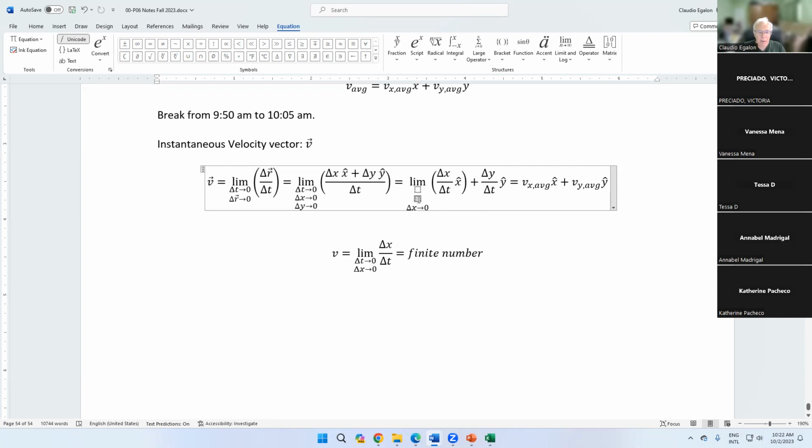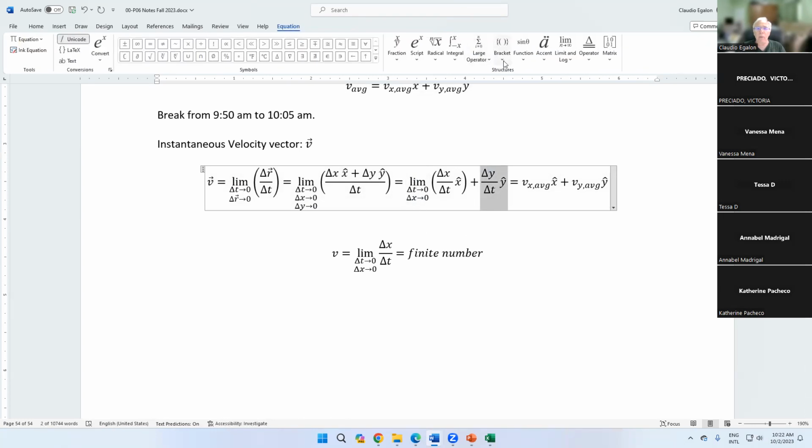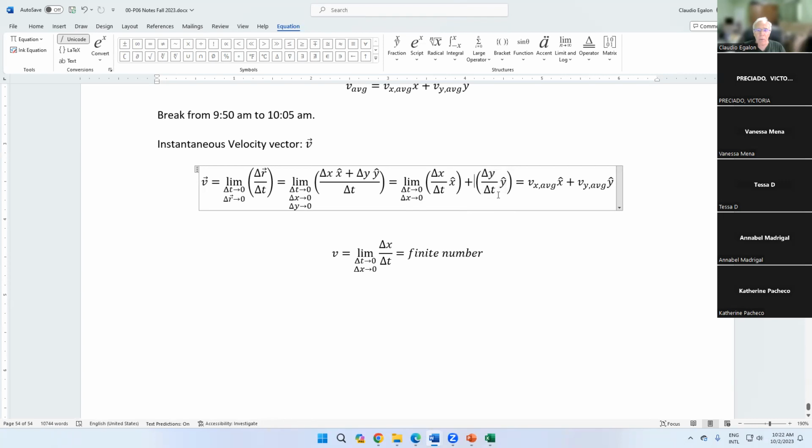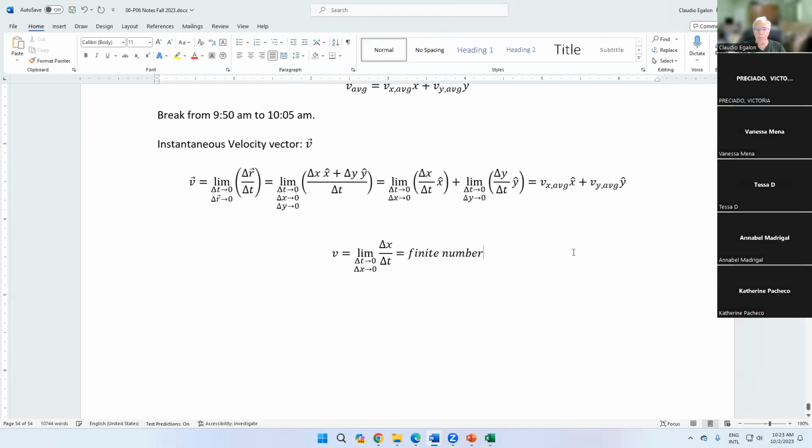It's not ideal, but it's better than writing under other conditions. Okay, now we got it. And then I'm going to do the same for the next term, but instead of delta x going to 0, it's going to be delta y going to 0.